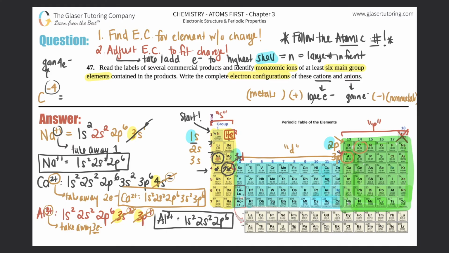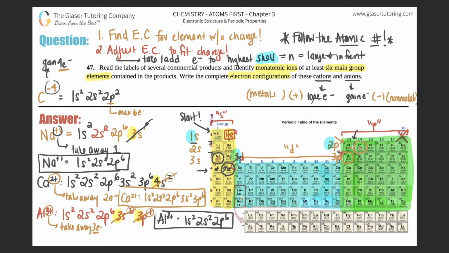So let's go. We first write the electron configuration for the element without the change. So I got to go to number 6. Start with hydrogen. So 1s2, then 2s2. Now I'm over at 2p, and then 1, 2. So that's 2p2. But now I have to add 4 electrons. And remember, a p can have a max of 6 electrons, right?